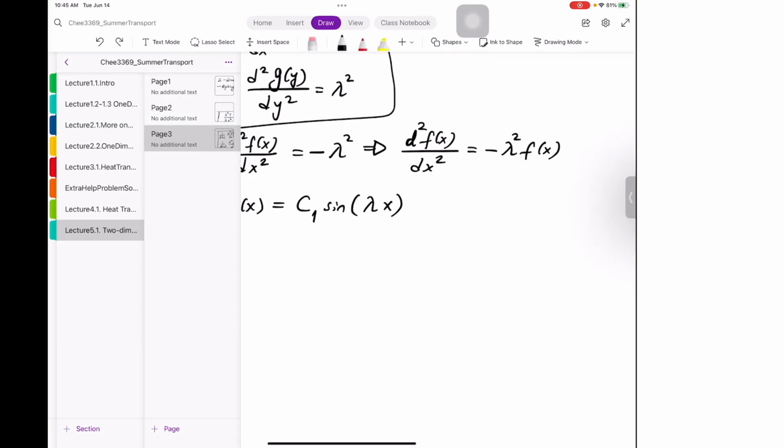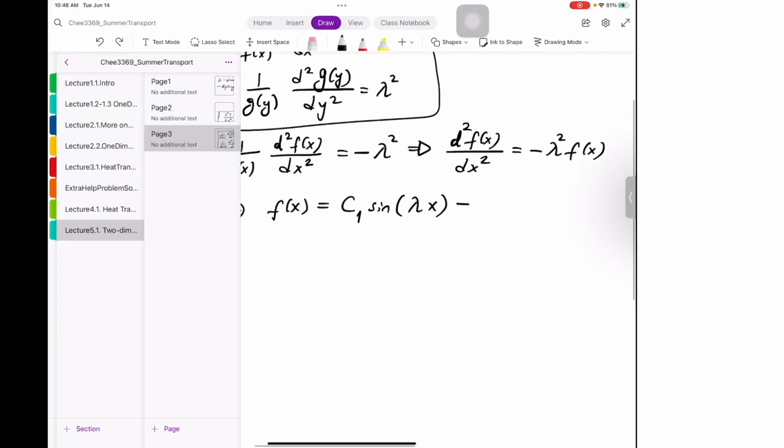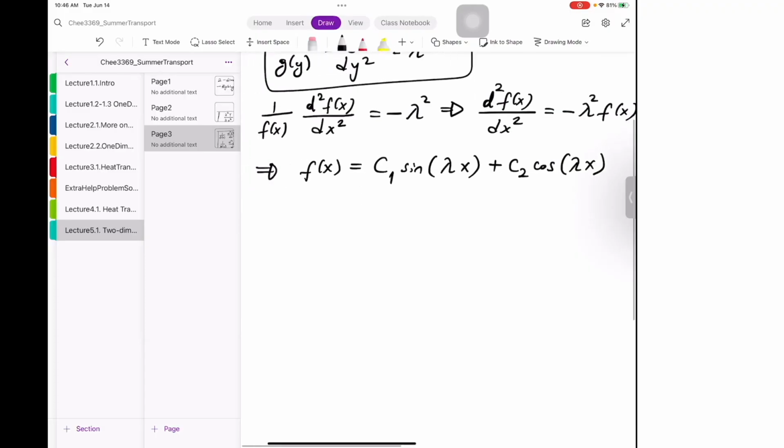Okay. And that's why we like to equate this to the square of some number, so that we can guess the function that solves the equation. Plus c2 times cosine lambda x. Okay.